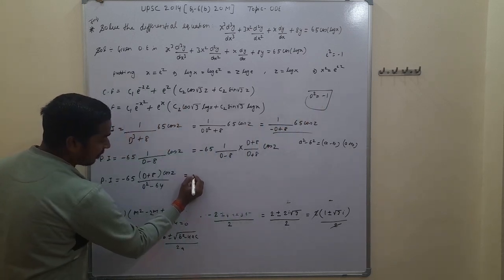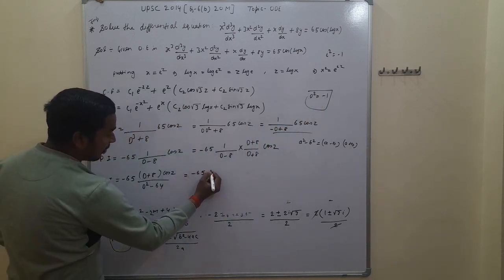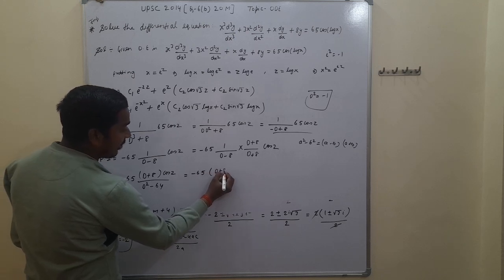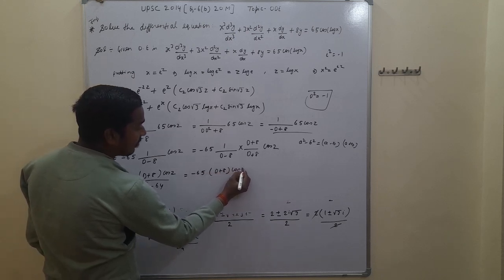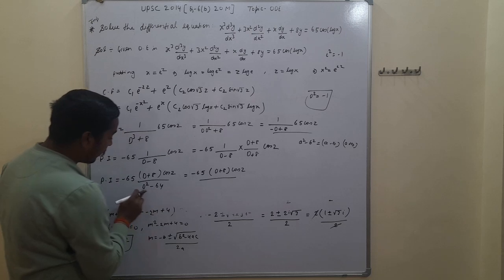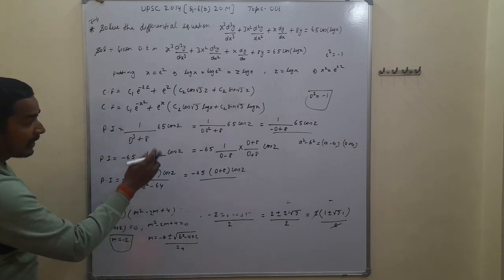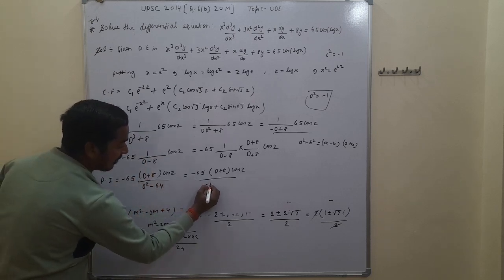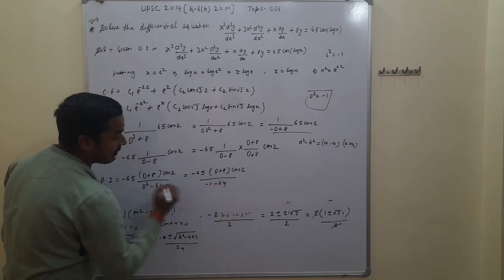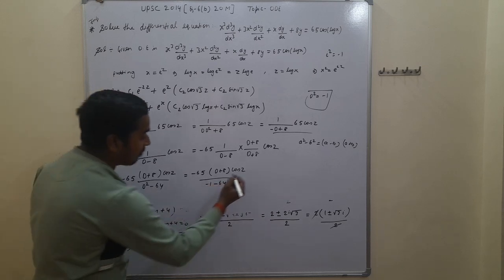So we write minus 65 into (d plus 8) into cos z, and in place of d square we write minus 1. This is minus 1 and minus 64 is already present, and further we solve.